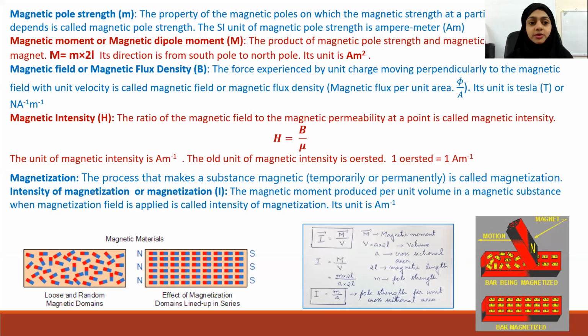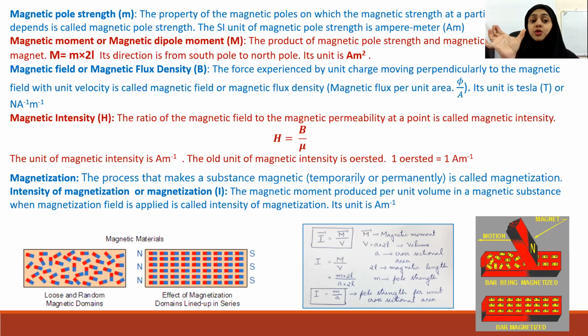Now, we also discussed what is meant by magnetic pole strength. That is the strength at the poles of a magnet, and it is represented by the letter small m. Then what we have already learned as a magnetic moment produced by a current carrying coil, we learned the equation M is equal to NIA.